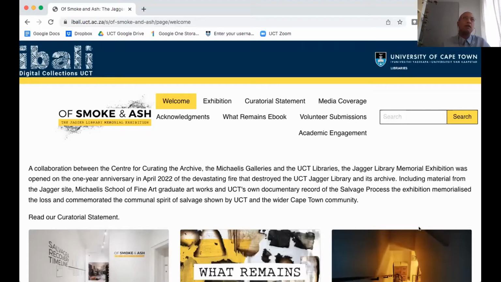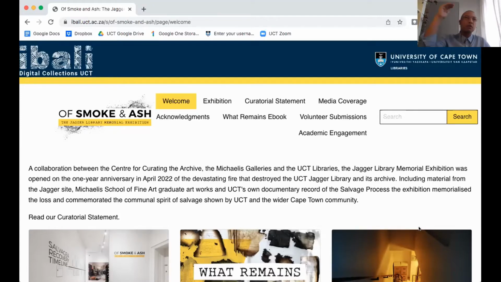In the basement of the Jagger Library building itself were held the archival deposits of our rare books, as well as rare book collections and photographic collections. So inside this building was contained really important African studies collections in the reading room, but also valuable archival resources in the basement.